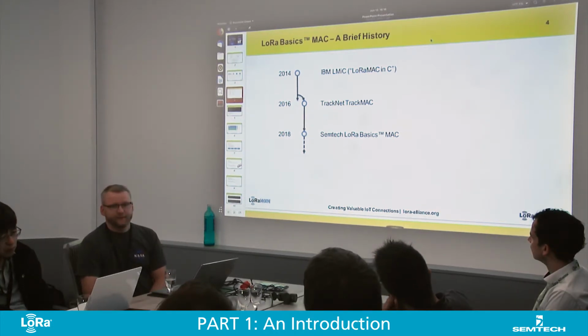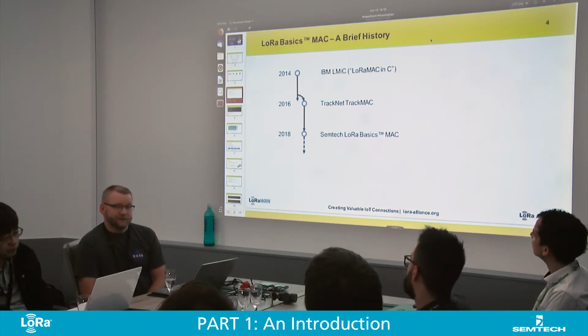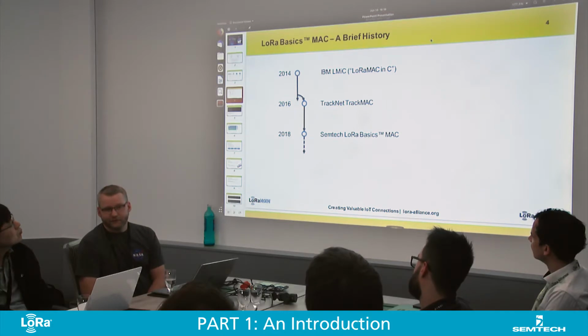About two years later, that development effort at IBM stopped. At that time it was open source, and we forked it at TrackNet and used it as the basis of our stack there. For the next two years it developed in a different way, because we were now focusing on producing actual products.